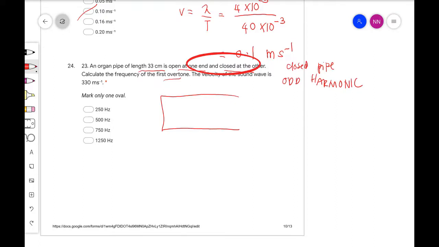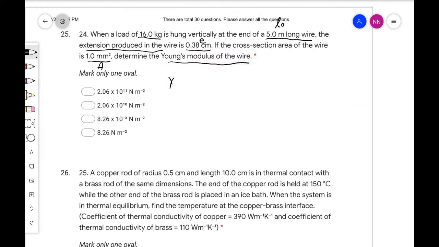The formula for Young modulus is given by stress over strain, where stress equals F over A and strain equals elongation over L naught. So we have the formula for Young modulus is F L naught over A e. F you can determine from the concept of Newton's law.